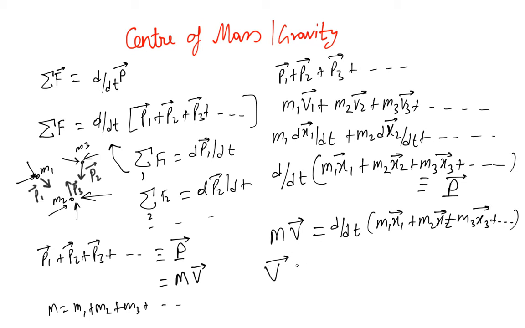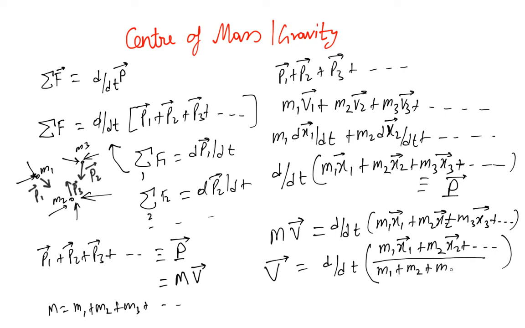And that gives us V equals d over dt of M1 x1 plus M2 x2 and so on, divided by capital M, which is M1 plus M2 plus M3 and so on. And this whole thing is defined as dr over dt, where r is called the center of gravity or center of mass of the system.